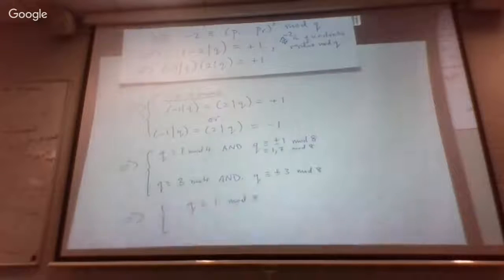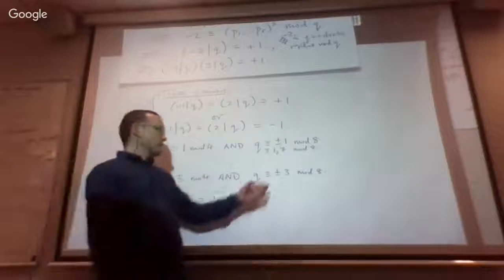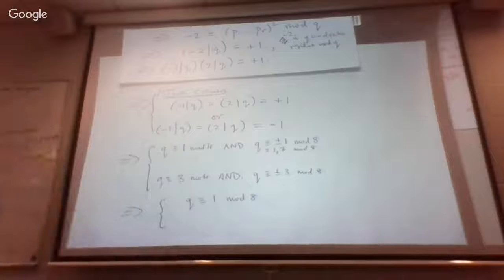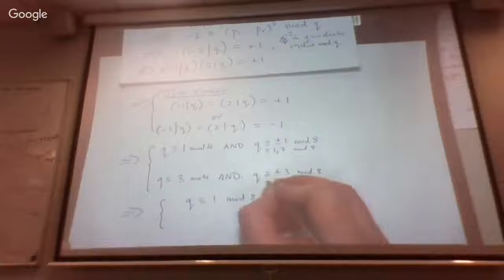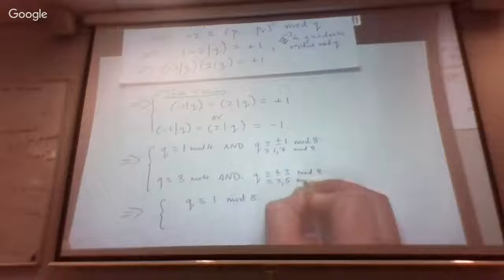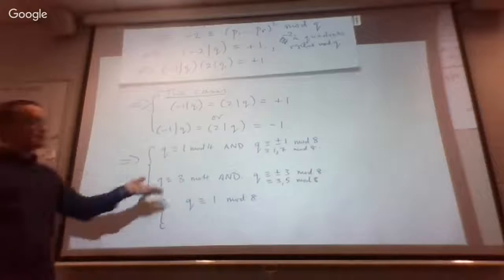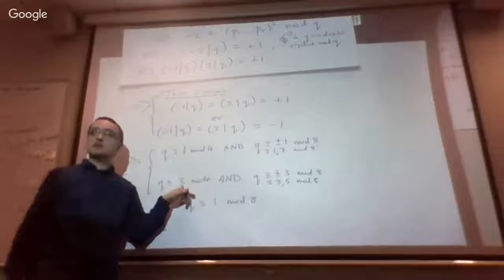The second condition says q is 3 mod 4 and plus or minus 3 mod 8. Plus or minus 3 mod 8 is also 3 or 5 mod 8. Now, if you're 3 mod 8, yes, you're congruent to 3 mod 4.